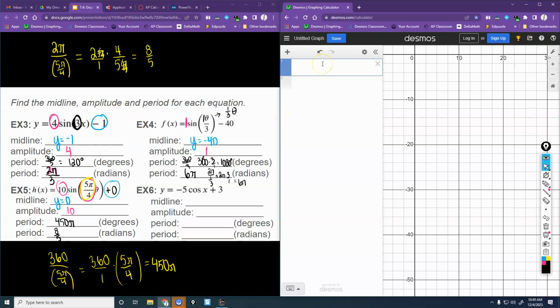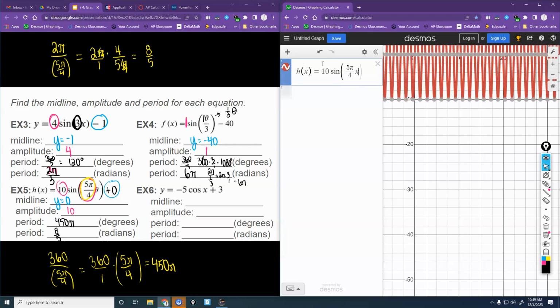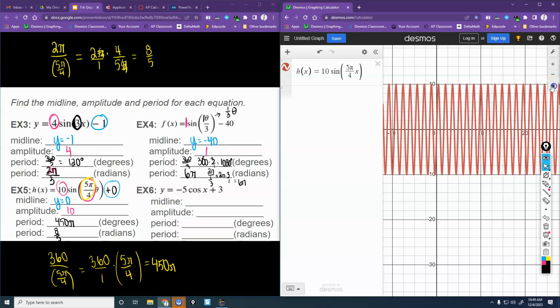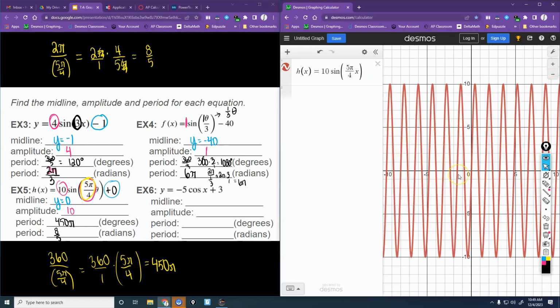All right, so if we graph this, the graph can always help you too. I got h of x equals 10 sine of 5 pi over 4 times x, use an x instead of theta. So there's my graph. We're in radians. Let's just hit the house button here. If I type in y equals 0, that'll put my midline in.